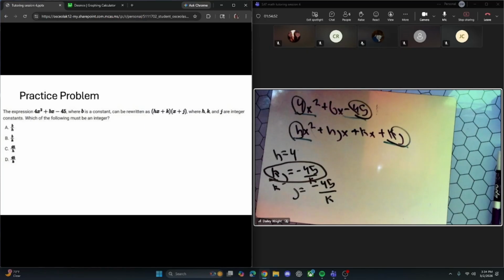Therefore, if you divide 45 by j or k, it's going to give you an integer, no matter what sign. If you divide 45 by k, it's going to give you j, and if you divide 45 by j, it's going to give you k. And the problem says that they're all integer constants. So therefore, 45 over k, D, must be an integer.